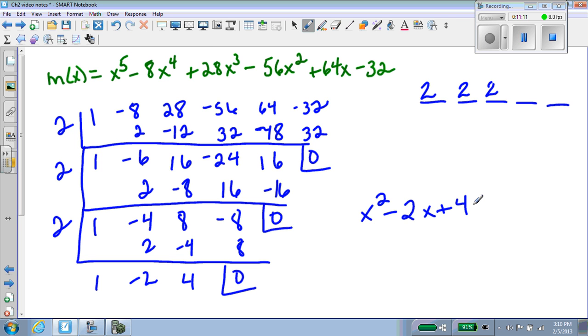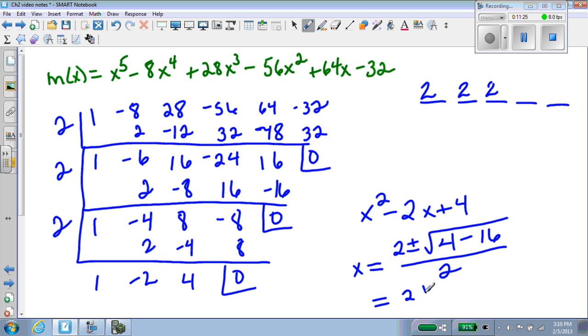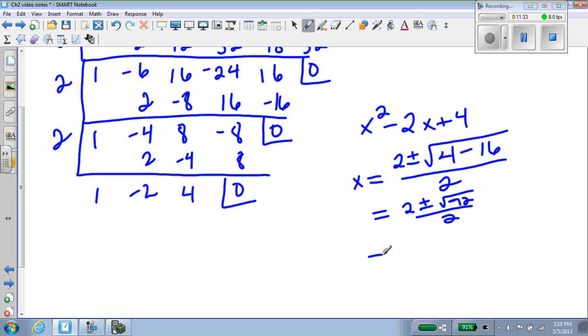Again, I'm back to the quadratic formula. So x equals opposite b plus or minus square root b squared minus 4ac all over 2a, 2 plus or minus square root of -12 over 2, 2 plus or minus 2 root 3i over 2.